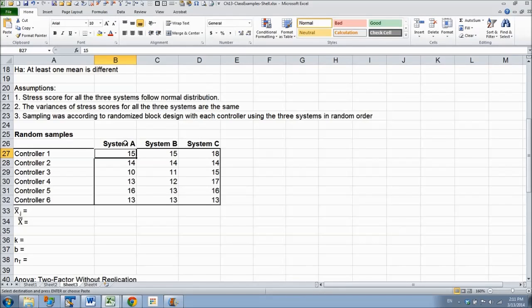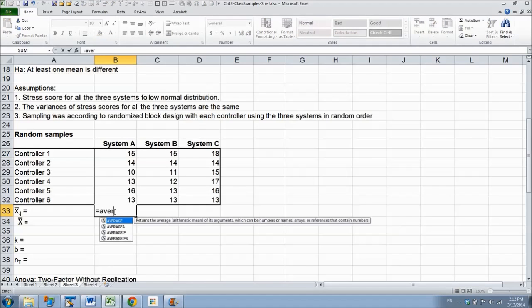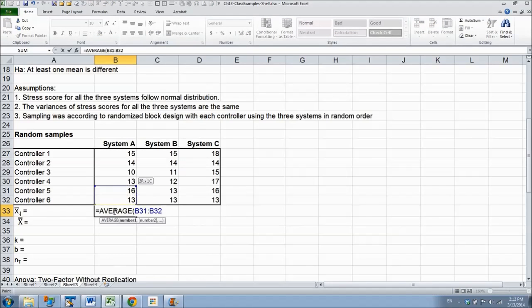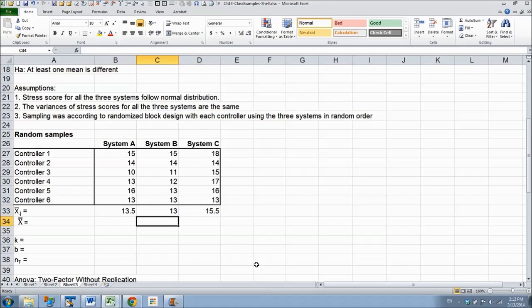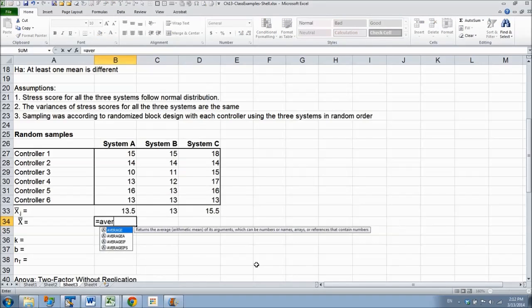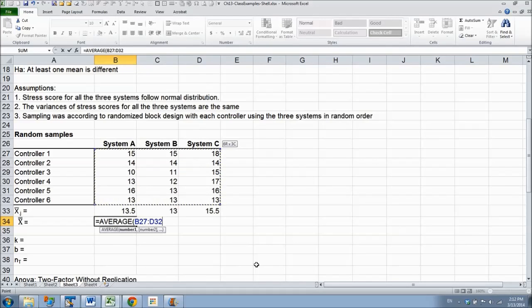So if you compute the average for each column, you get the average stress score for each system. Copy that over. Now the overall average is the average of the entire sample.